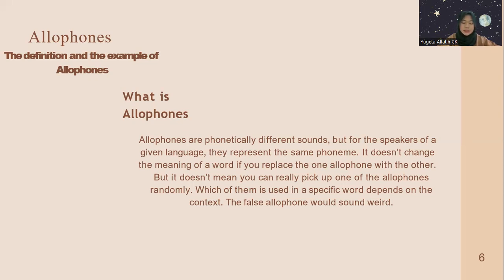The phoneme p has three allophone variations. Aspirated p, in the word pick-up at the beginning, has a puff of air coming out of our mouths. In the word map, it has a closed p at the end.